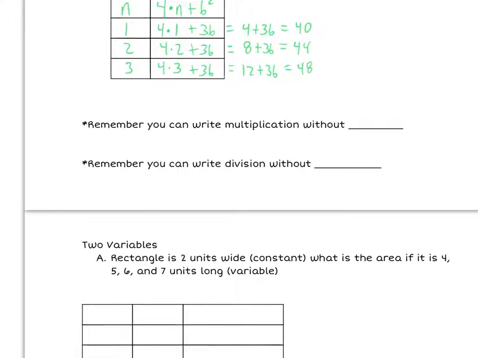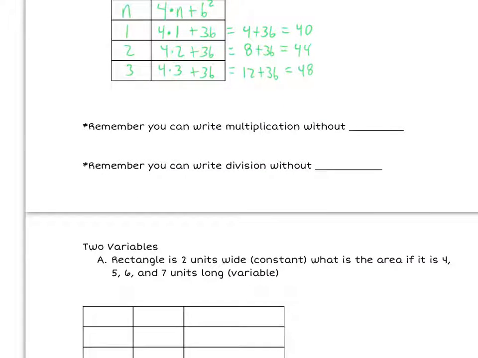All right, let's remember a couple things about multiplication and division. Remember, you can write multiplication without the multiplication sign. What other symbols have we used for multiplication? Dot. So we could say 3 times A. That dot means that. There are other ways also to write multiplication.